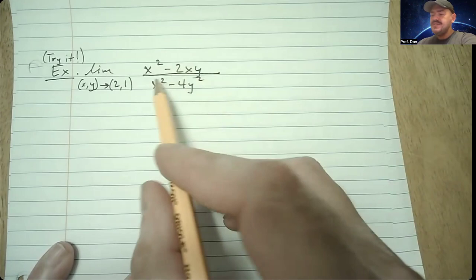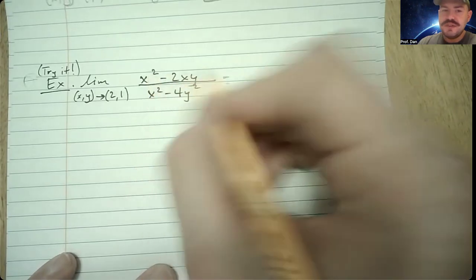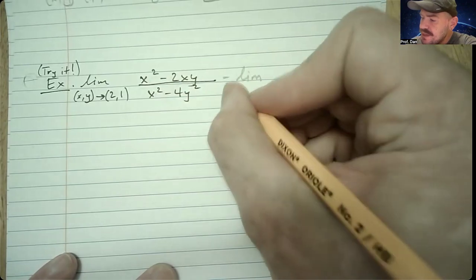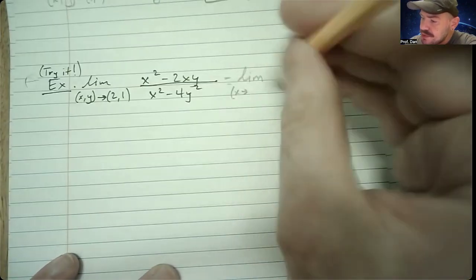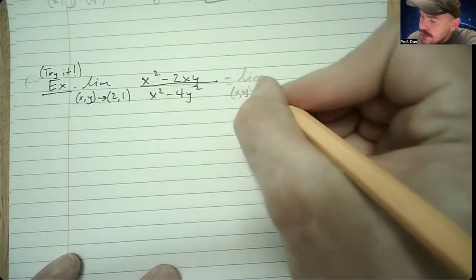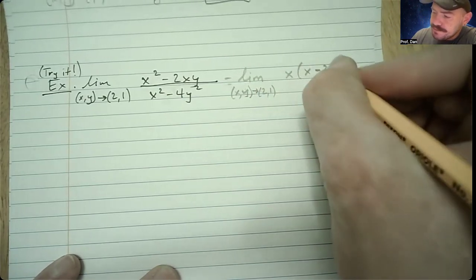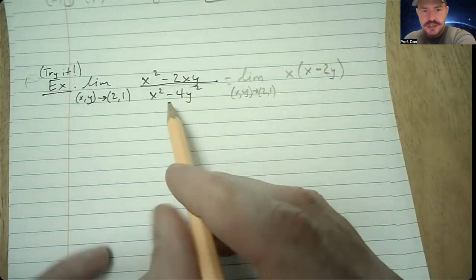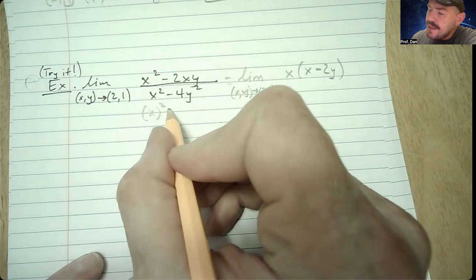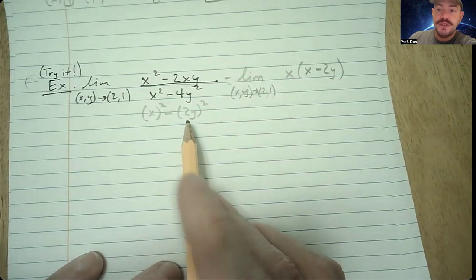Luckily, this is some relatively easy algebra, because if you look in the top part, you notice that both of the terms have a factor of x. So I can rewrite my limit. Okay. And then in the denominator, this is also a difference of squares, right? This is x squared minus 2y squared, right?